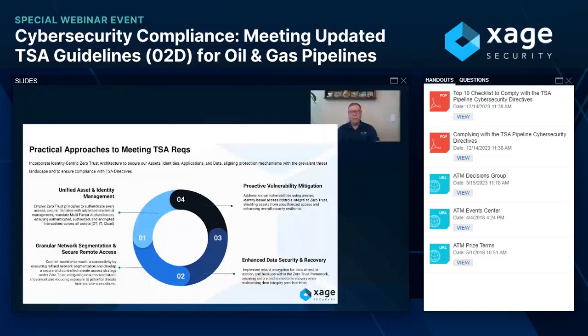The vulnerability mitigation: if you can't respond in your OT environment, or if you are handicapped because you can't understand what happened to create the nefarious incident or the negative incident, this is bad, right? We need to be able to find the vulnerabilities, respond to those types of vulnerabilities, and make sure that we understand who should be accessing what.